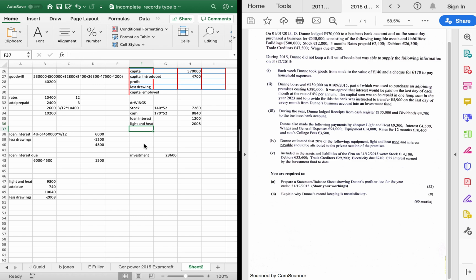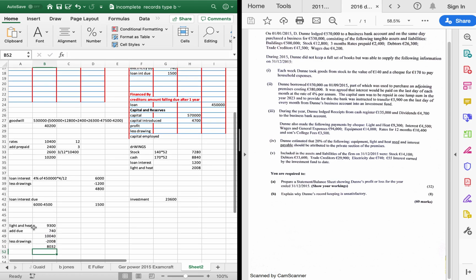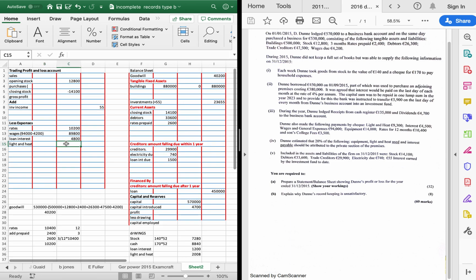That's done. It's a shame it's not 750, it would make life an awful lot easier, but anyway, that's what it is. All right, so the expense then is 8,032. So that's for light and heat.